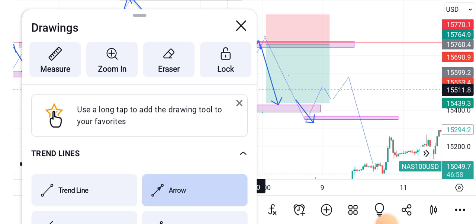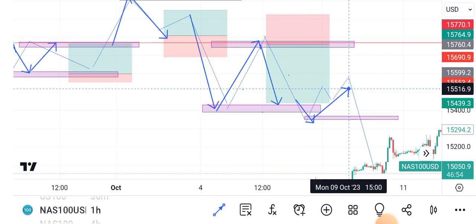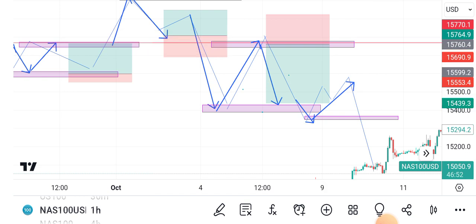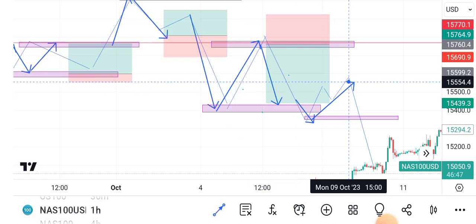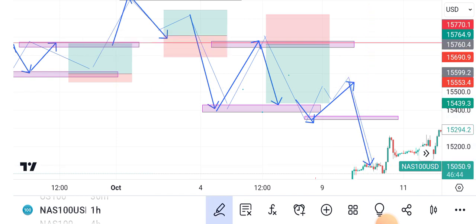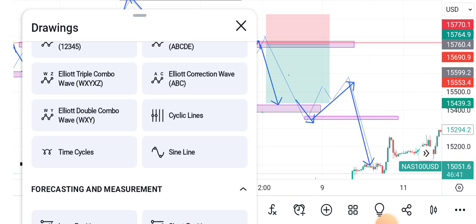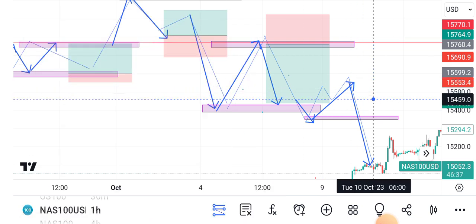Of course, and then it does what? It retests back into the area, and then, congratulations, you guessed it right, and it sells, right? So when it sells like that, you would of course have taken your short trade.